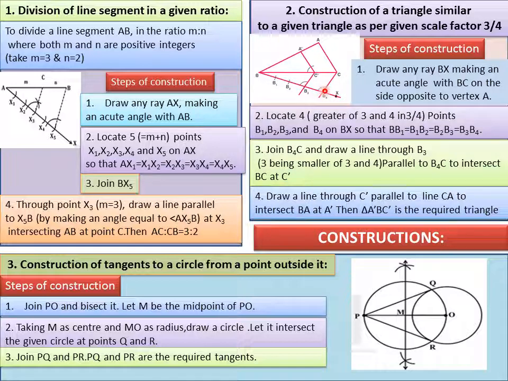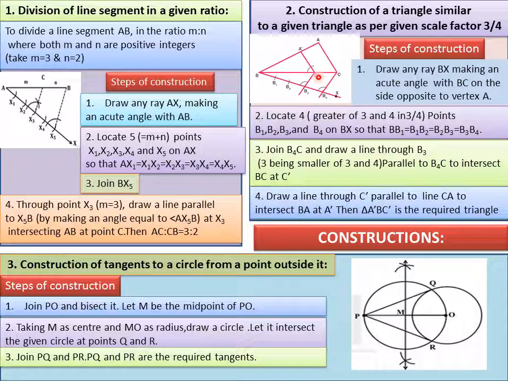Then you measure this arc length with the compass, and with the same arc length cut here, and now B3 passing through this arc cut touches BC at C', and this is the ratio 3:4, the scale factor we are able to identify here.